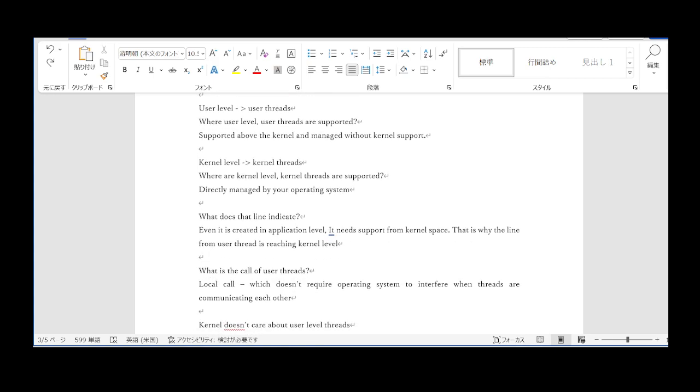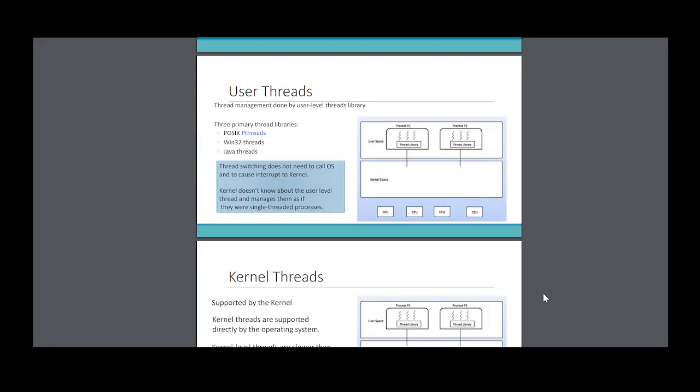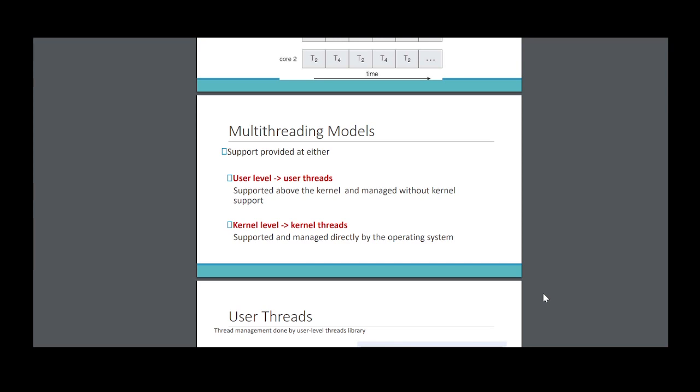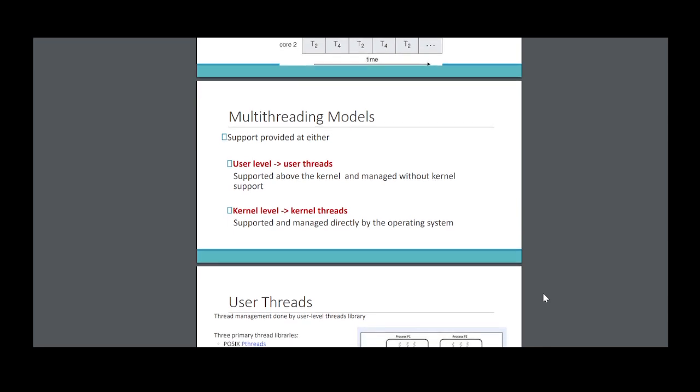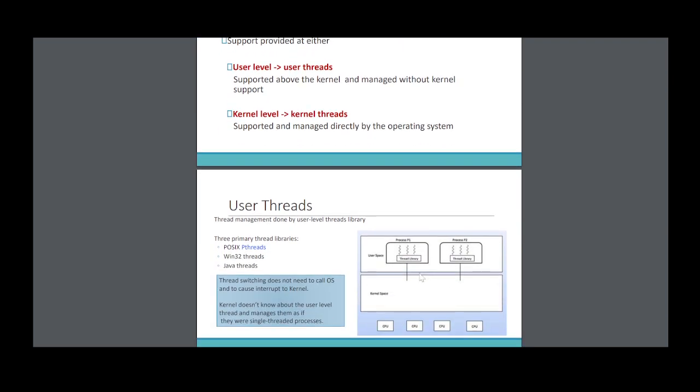So let's go back to here. User level thread. A user thread is supported above the kernel and managed without kernel support, so it doesn't require kernel support. It's done here. That is the user thread.